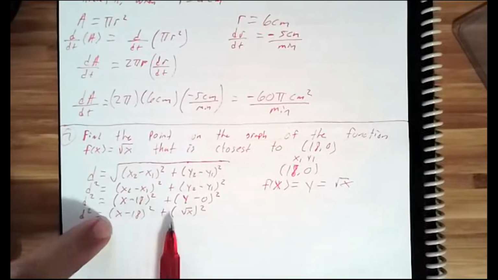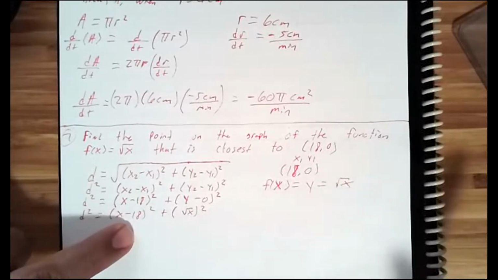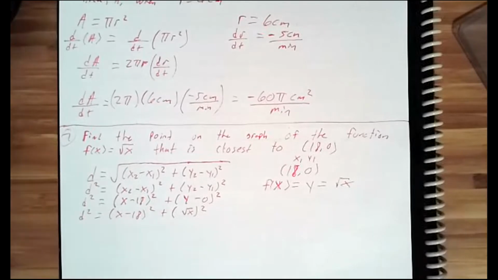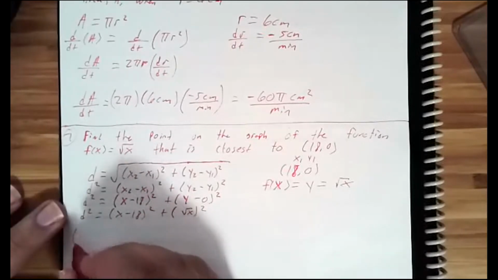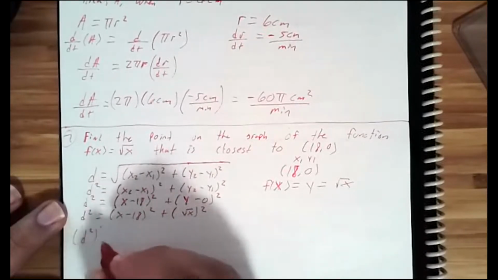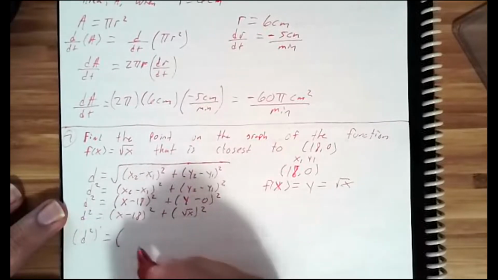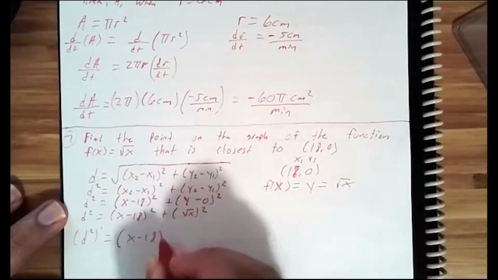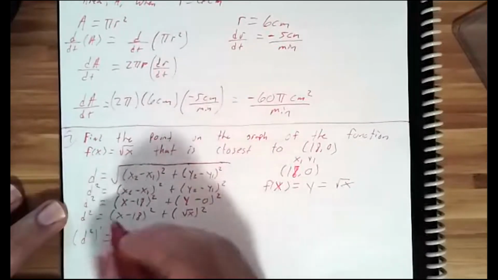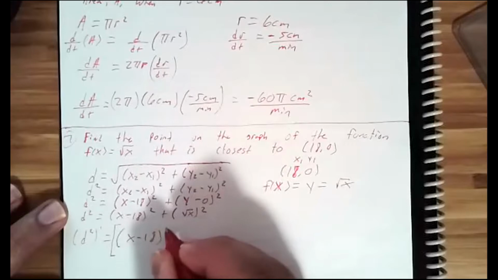They told me what the x1, y1 was here. So I'll take a derivative of both sides and set it to 0. I'm going to put brackets here.